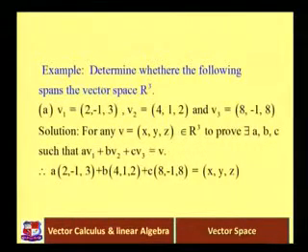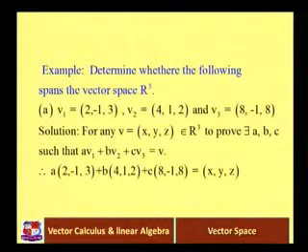Determine whether the following spans the vector space R3. We want to check whether the following vectors span R3 or not. So for that, what do we have to do? We start from any vector from R3 and try to find constants a, b, c such that a v1 plus b v2 plus c v3 is equal to v.